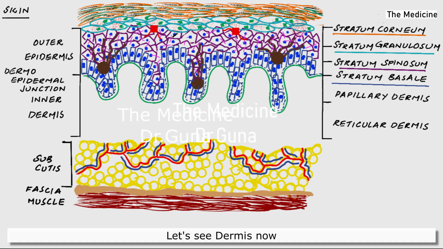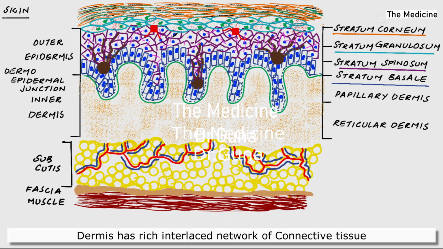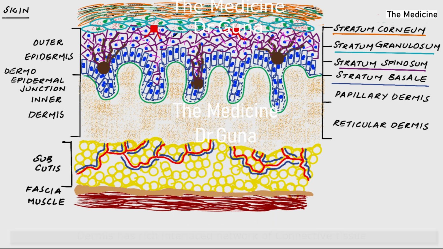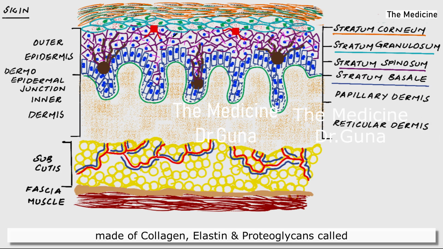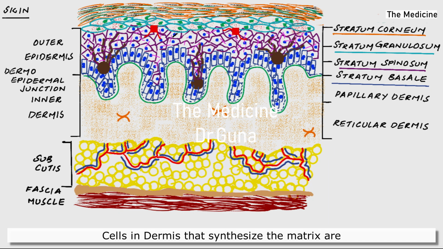Let's see dermis now. Dermis has a rich interlaced network of connective tissues made of collagen, elastin and proteoglycans called the extracellular matrix or ECM.